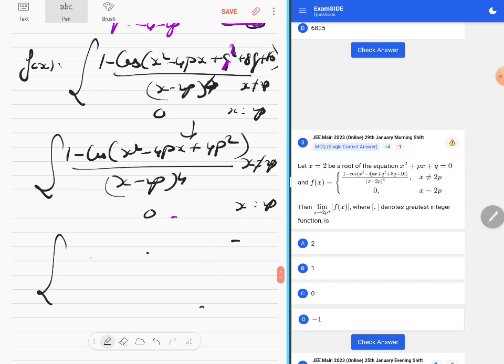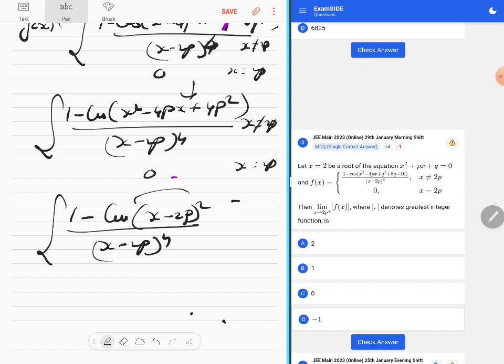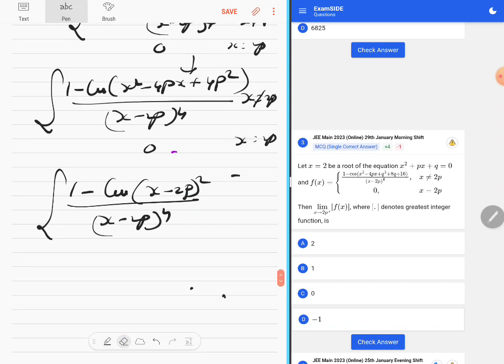So you can write it as 1 minus cos of x minus 2p the whole square. Let it be like that, by x minus 2p the whole to the power 4.